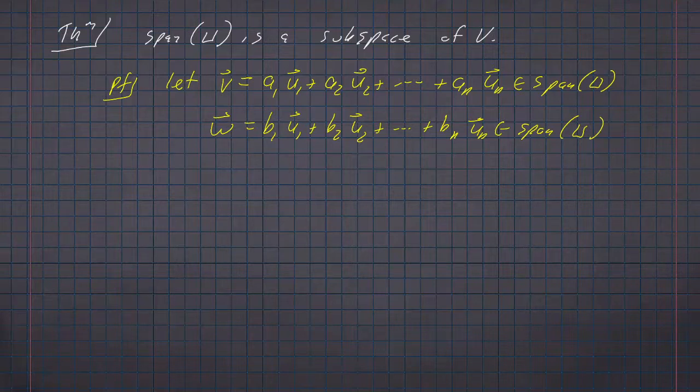Vector v and vector w are going to be two elements in the span of U. Using the definition of span of U, that means we have a bunch of coefficients a1 through an and b1 through bn.